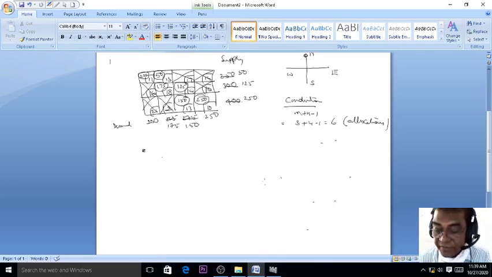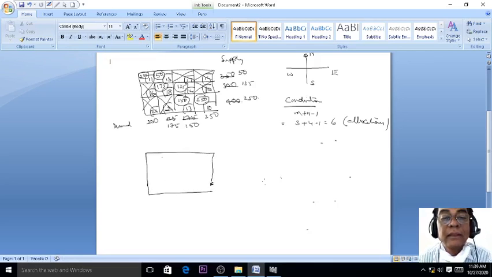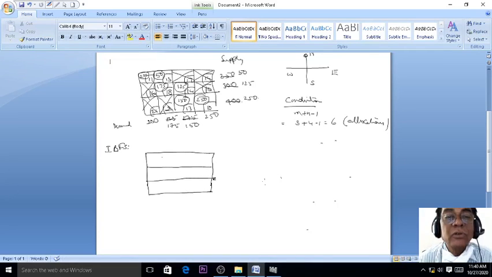So what is the IBFS here? This is the initial basic feasible solution. So 3 rows, 4 columns.